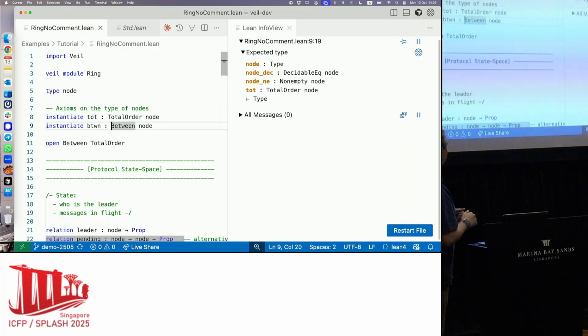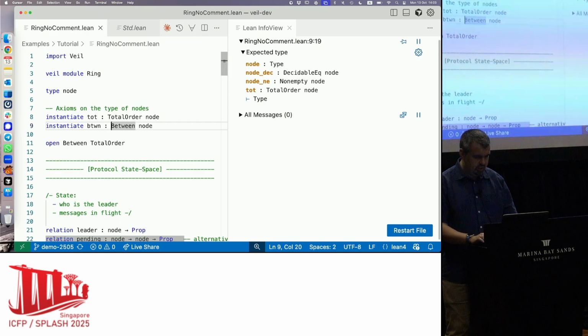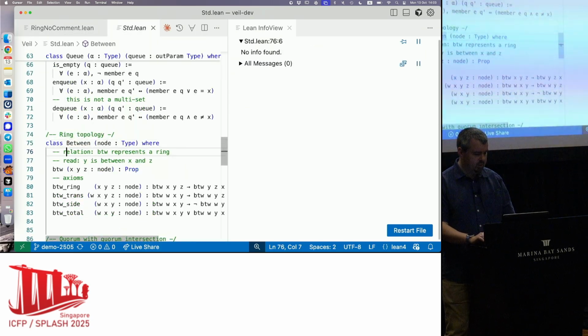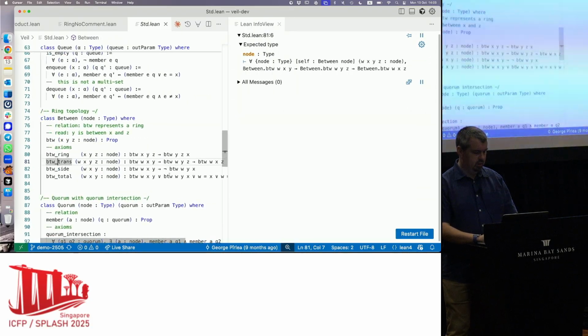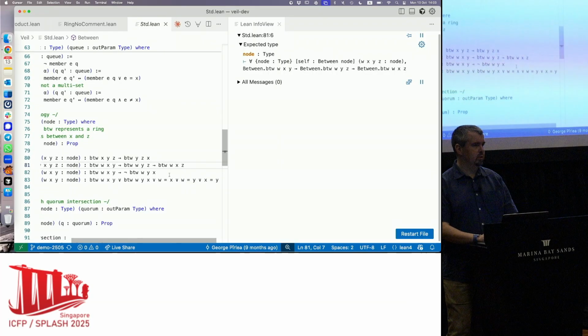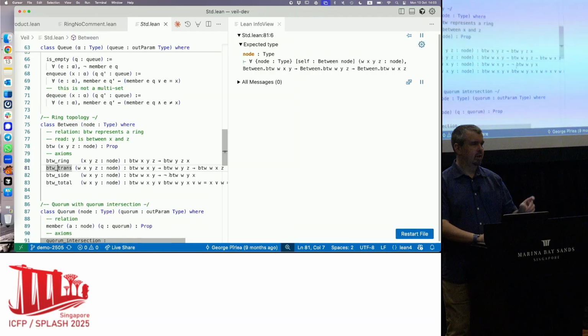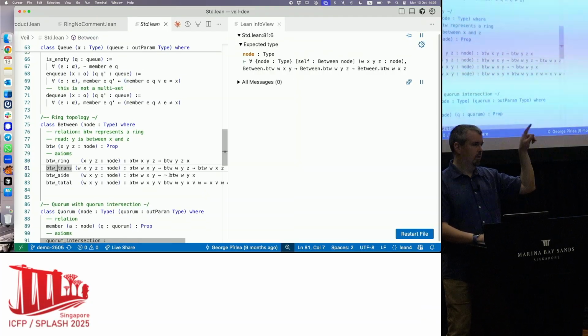In addition, we want to describe that our nodes are ordered in the ring topology, for which, for historical reasons, we have this between type class. I'm not going to go too deep into explaining this relation and its axioms, but you should believe me that basically it means that any two elements are in the ring topology and they are reachable from one another.